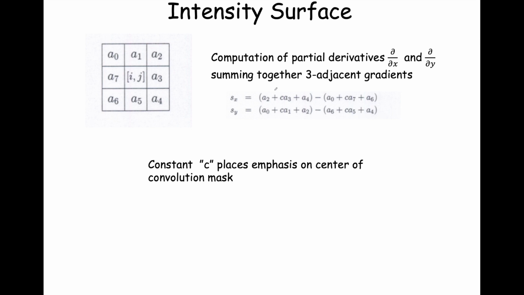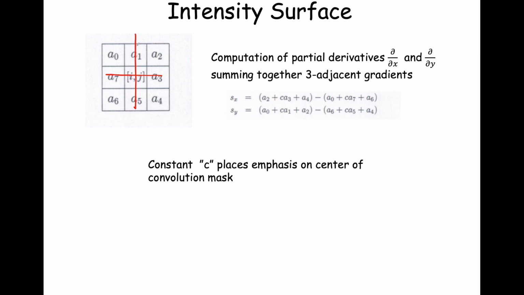Now, for emphasis, we can multiply the central row or the central column. So here's the central row. Here's the central column. We can amplify the impact of that by multiplying that by a constant. We're going to call that constant C. So here, for the scan line in the x direction, we have C times A3 minus C times A7. So we have CA3 minus CA7.